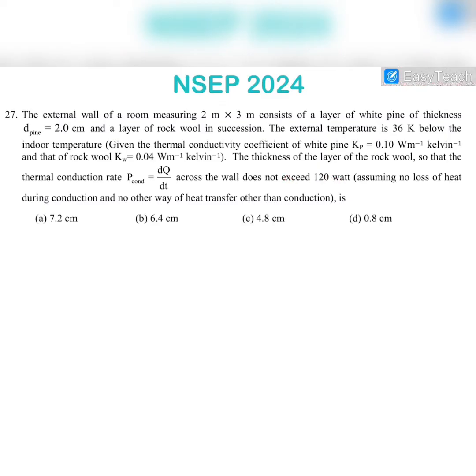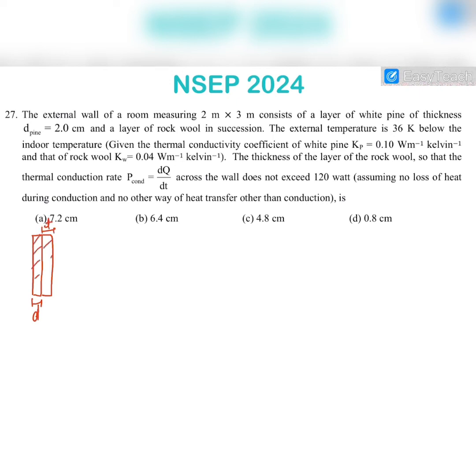Obviously, we can say that the wall has thickness D for the white pine and thickness T for the rock wool, which we have to find out.